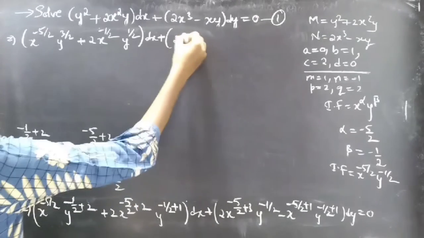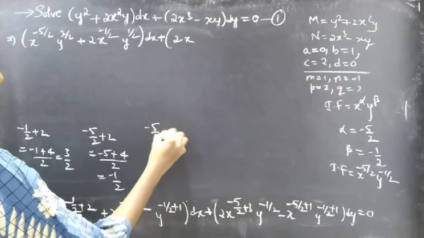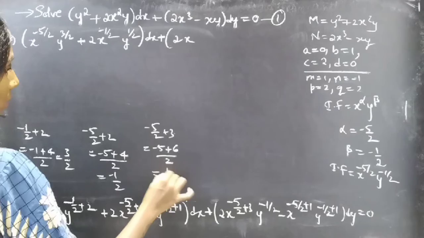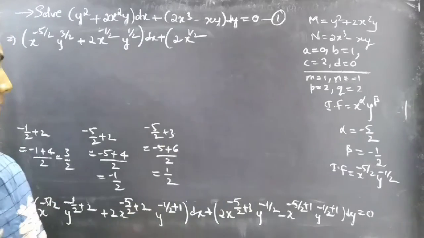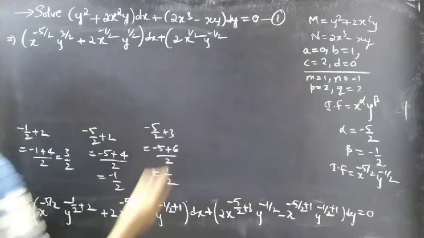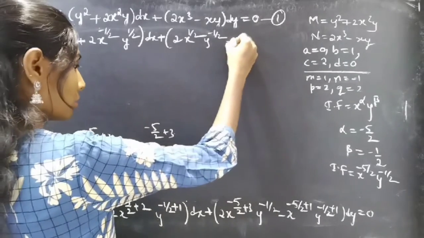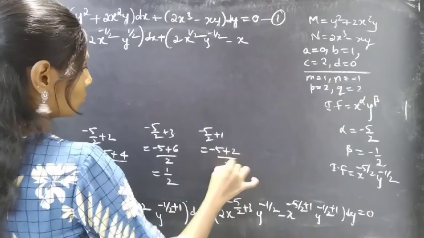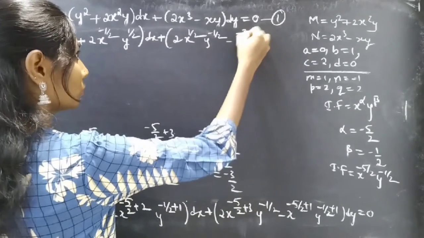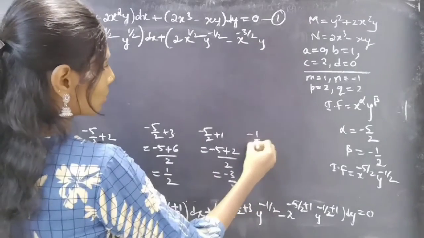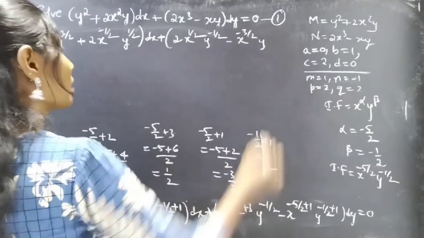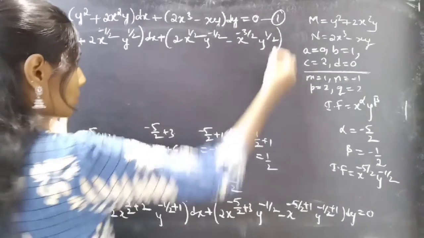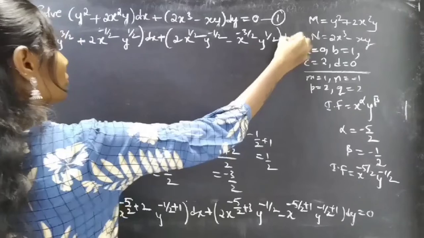Plus 2 into x^(-5/2 + 3) gives us minus 5 plus 6 by 2, which gives us 1 by 2, y^(-1/2), minus x^(-5/2 + 1) gives us minus 5 plus 2 by 2, which is minus 3 by 2, into y^(-1/2 + 1), that is y^(1/2), into dy equal to 0.